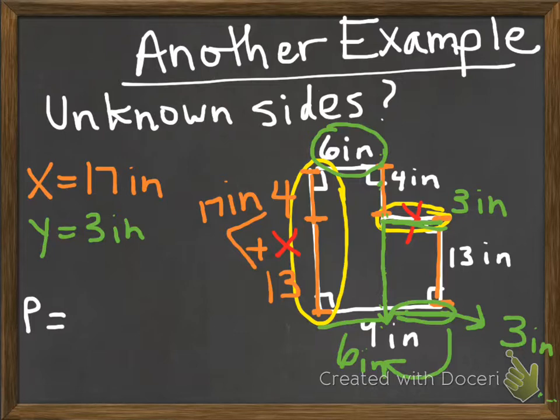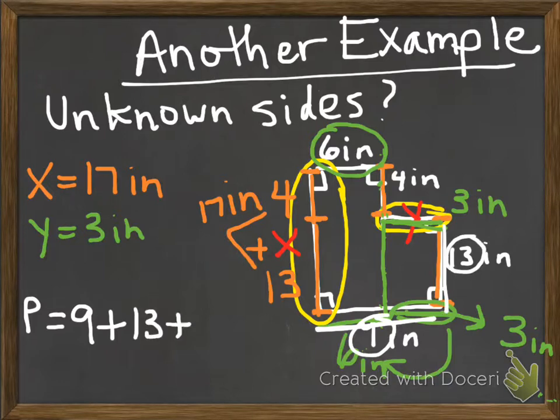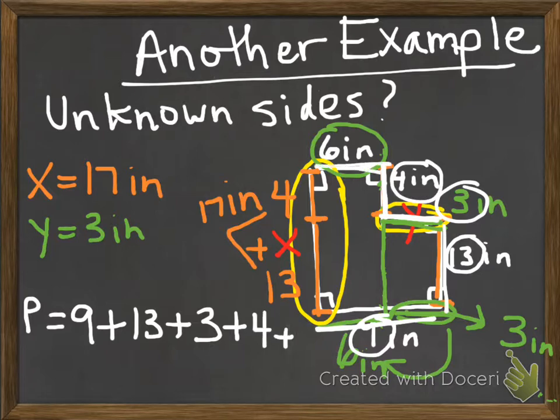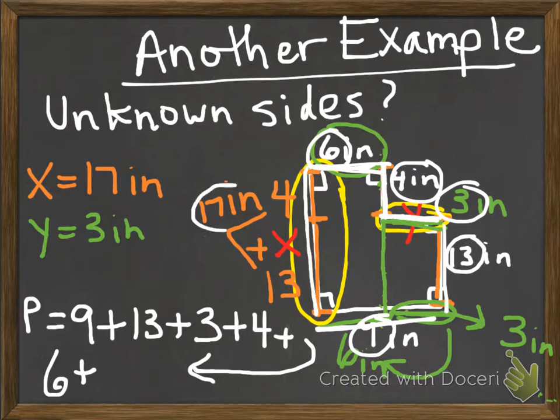So I have from here to here the 9, plus from here to here the 13, plus, we figured this out, that was 3, plus from here to here the 4, plus from here to here 6, I'm going to go down here, and then plus from here to here we figured out it was 17.